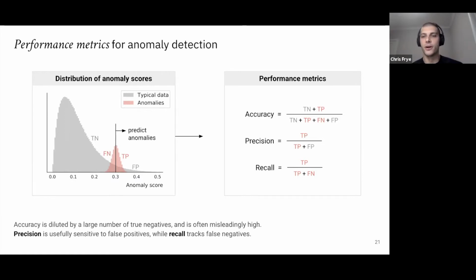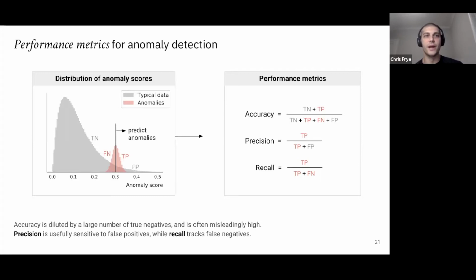So total number of data points in the denominator. But accuracy is actually not such a useful metric, it turns out, for anomaly detection. That's because anomalies are rare. For example, if the data only contains 1% anomalies, then you can get 99% accuracy without actually detecting a single anomaly. So accuracy can often be misleading.